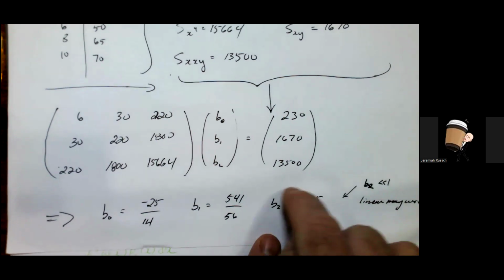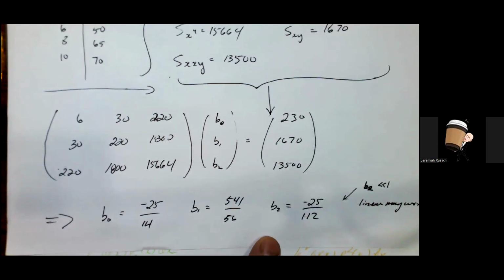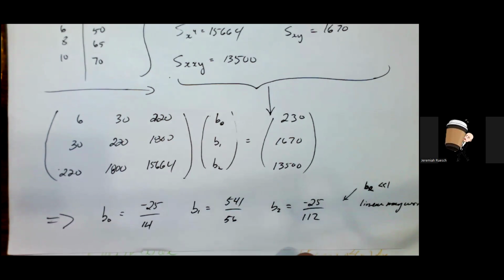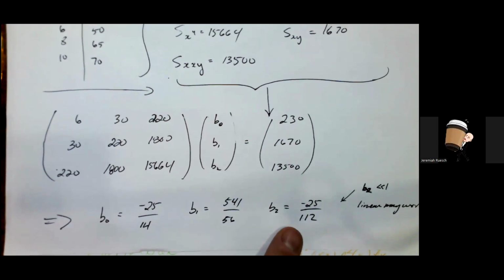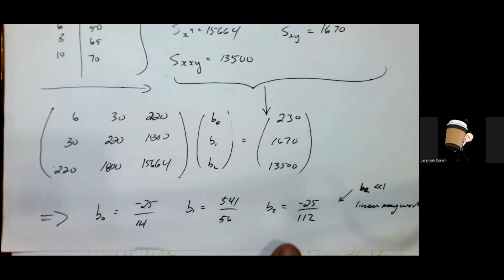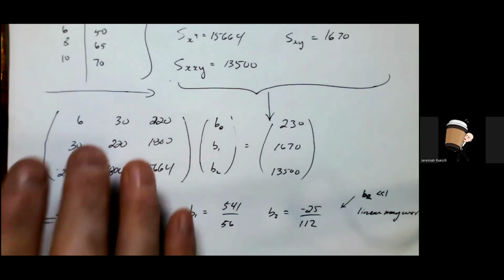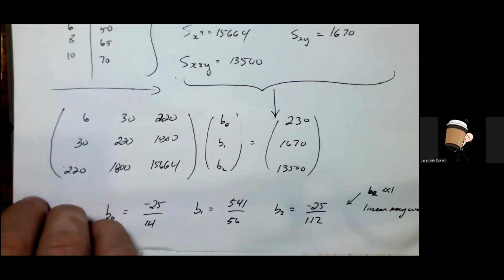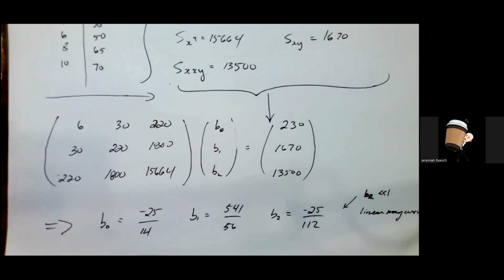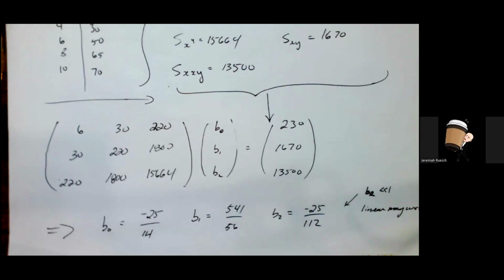So that's one thing to notice: when do you know what order you should go out to, and if your leading coefficient is relatively small, that might be an indication that a lesser degree estimation is appropriate. Okay, that's example four.